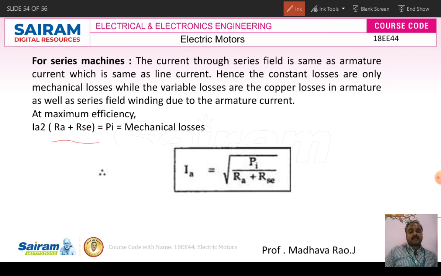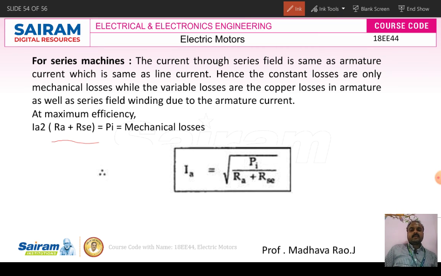Series field current, line current and armature current are all the same. Hence the constant losses are only mechanical losses, while variable losses are copper losses.